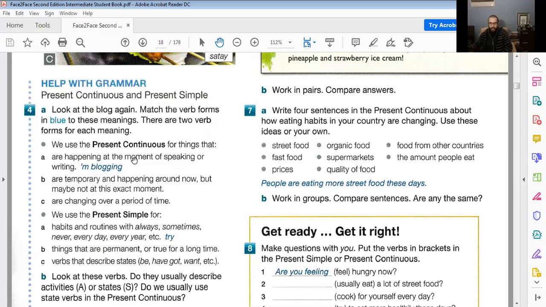In our last lesson, we learned that you can use the present continuous in three different ways. One of them was to talk about something happening at the moment of speaking or at the moment of writing. But you can also use it in two other ways.